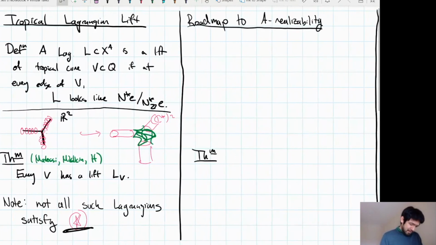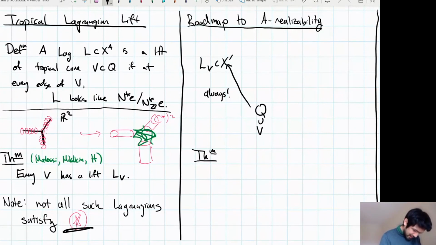Okay, so our roadmap to A realizability now looks something like this. Start with V inside of Q. You can always lift it to LV inside of XA. Now check the condition star. Then you get a Lagrangian, which is an object of the so-called Fukaya category, which is what this condition star says.